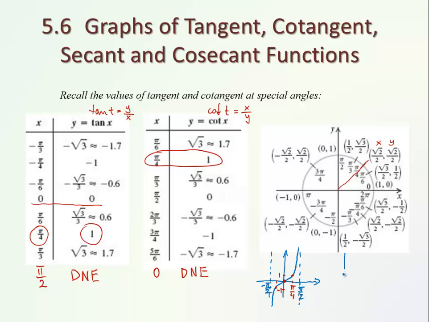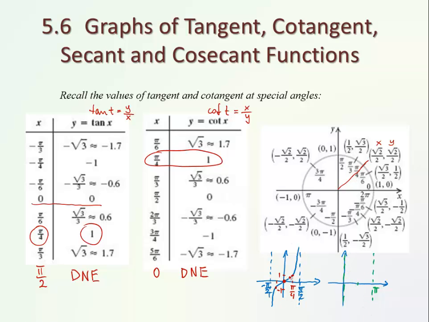As for cotangent, the shape looks very similar to tangent. However, the asymptotes are at 0 and at pi. So this branch is shifted, and also the graph goes the other way around, decreasing rather than increasing.